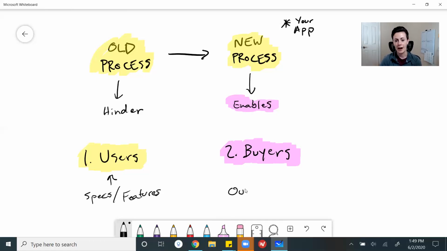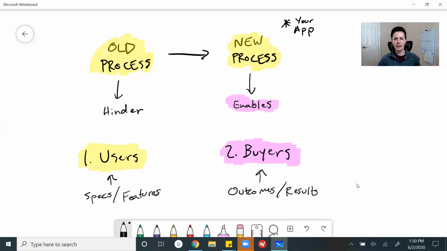And the outcomes and the results of those specs and features, those are important to your buyers. So you have to make sure that you are able to talk to these people in the right way.